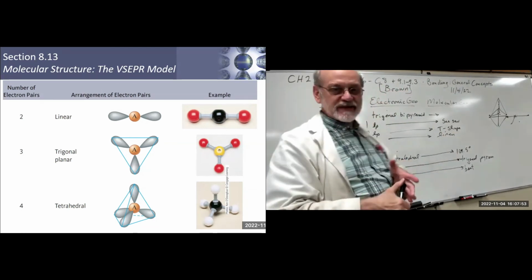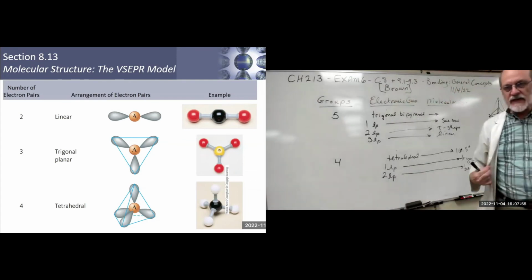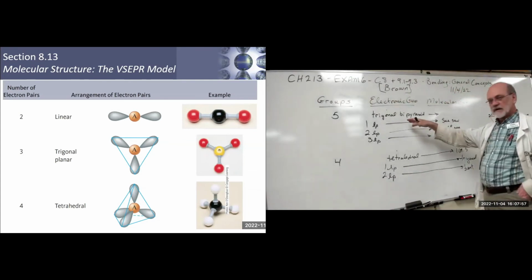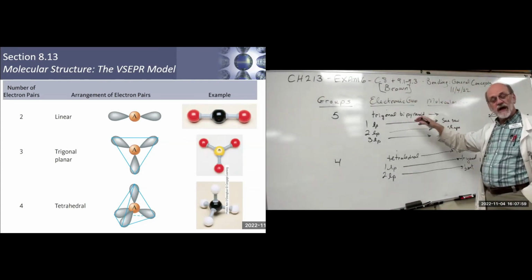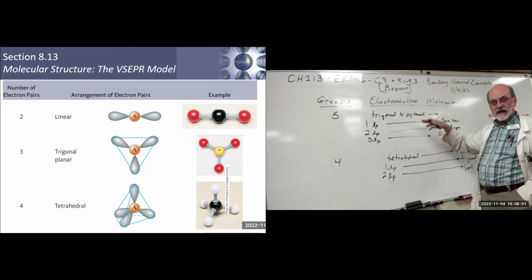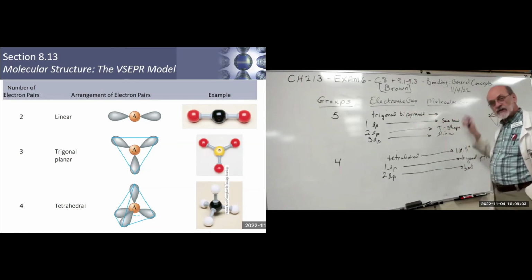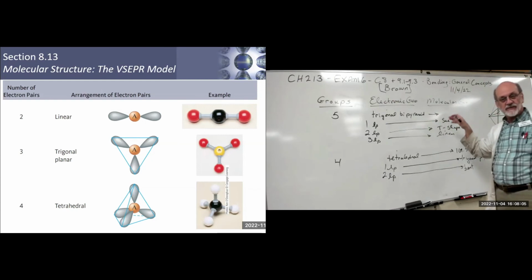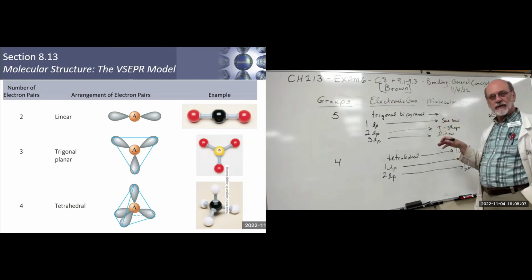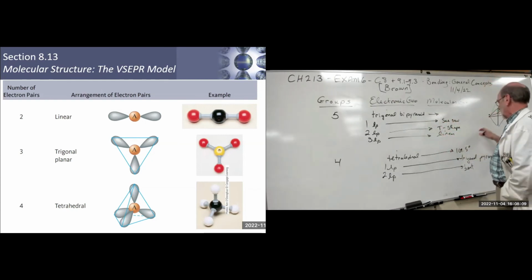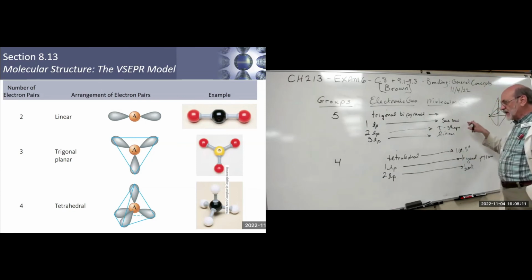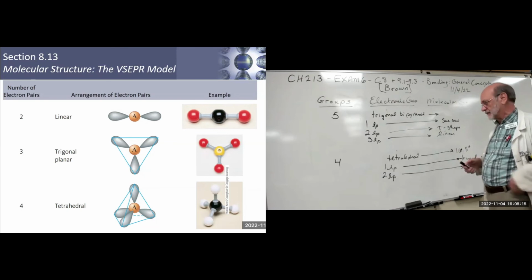Now, I'm not just making this up. These structures, there are examples of molecules that have been analyzed and found to occupy these shapes. Now, don't ask me how they did it. It's probably time consuming and very expensive. But this is the way it actually goes. We just have to explain it.